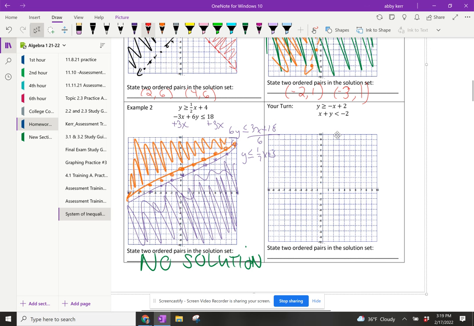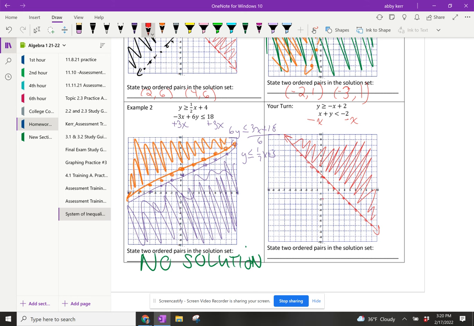For your turn, you're going to do the exact same thing. Begin at 2, go down 1, right 1, over and over again. This one's going to be a solid line because it's greater than or equal to. Greater than or equal to goes up. Got to solve for y here.